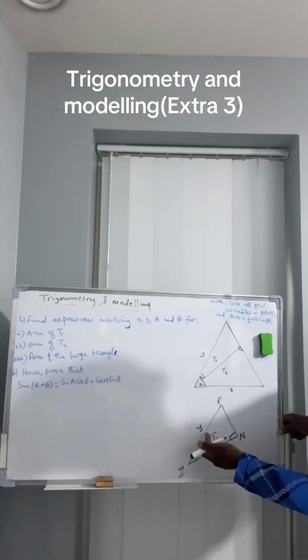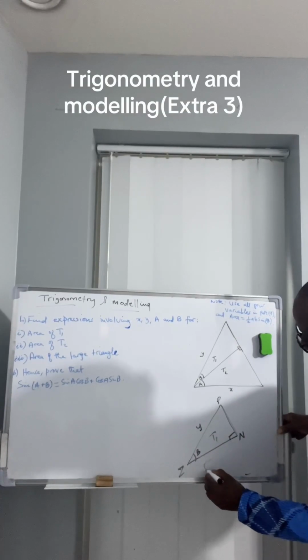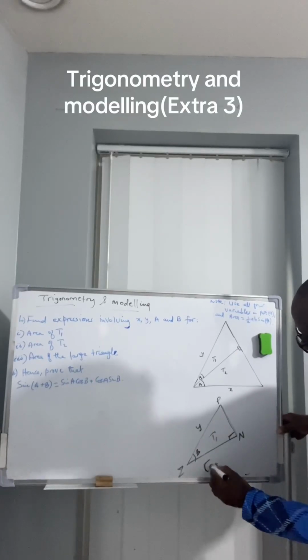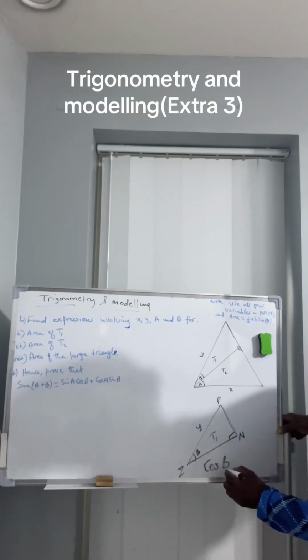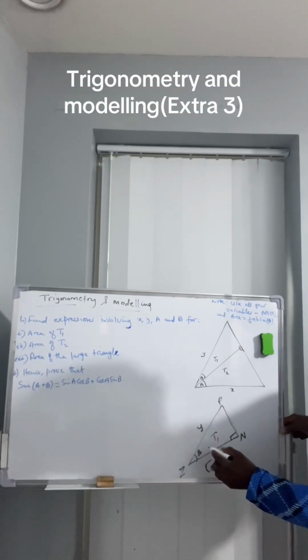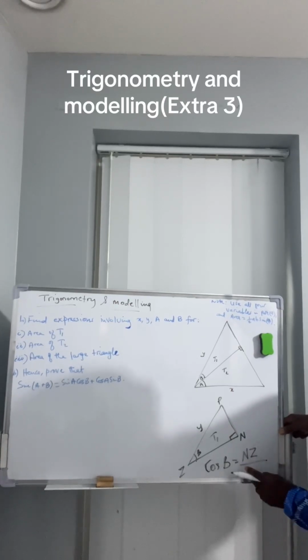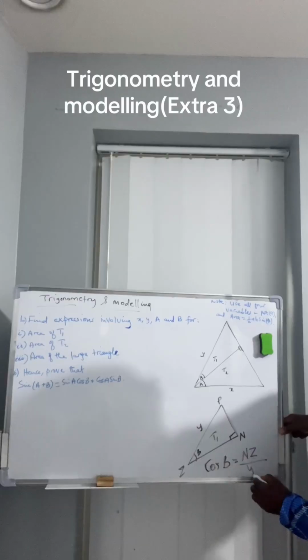So if you are looking at hypotenuse and adjacent, use cosine. Cosine of B is equal to adjacent, which is NZ, divided by the hypotenuse, which is Y.